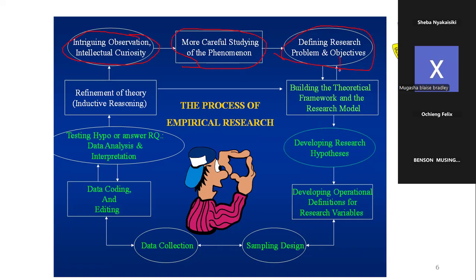But before developing the hypotheses, in defining the problem, they go back and forth using theory. Theory helps to define the problem better, because theory helps you in defining your research question, which later on becomes your hypothesis.